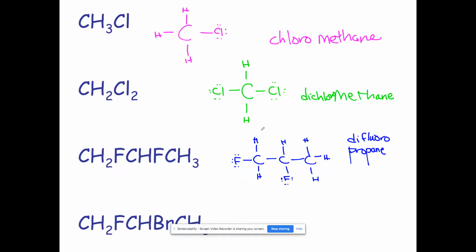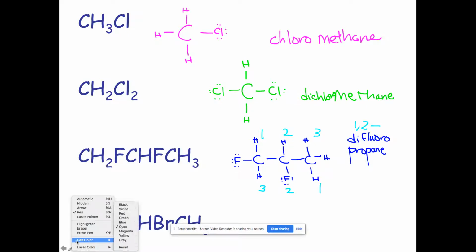So let me number them this way. 1, 2, 3. Then let me number them this way. 1, 2, 3. If I number them left to right, I have a 1, 2 difluoropropane. Those are low numbers. If I read them this way, it's a 2, 3 difluoropropane. And 1, 2 is smaller than 2, 3. So it's going to be a 1, 2 dash. Location, 2 of those, parent chain.